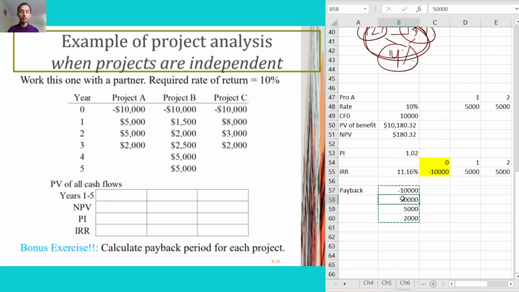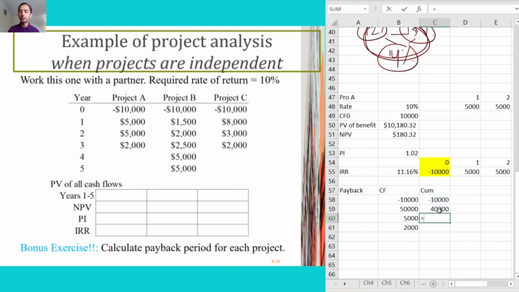So let's cut paste here. I want to call it cash flows. I want to call it cumulative, and for cumulative, for the first year it is the same number. For the second year, it's equal to this plus this number.